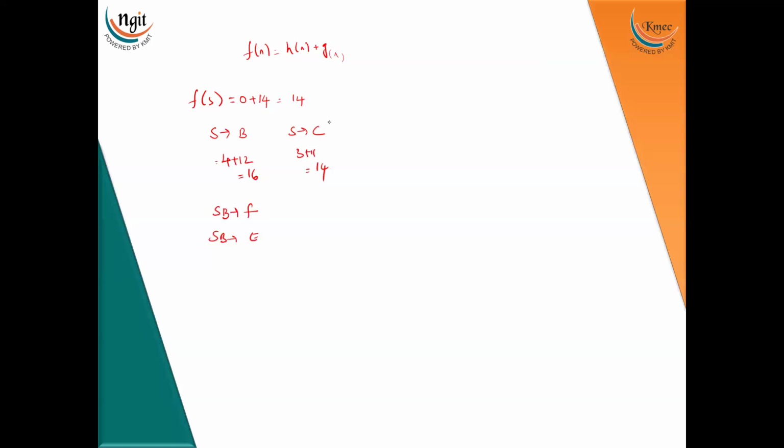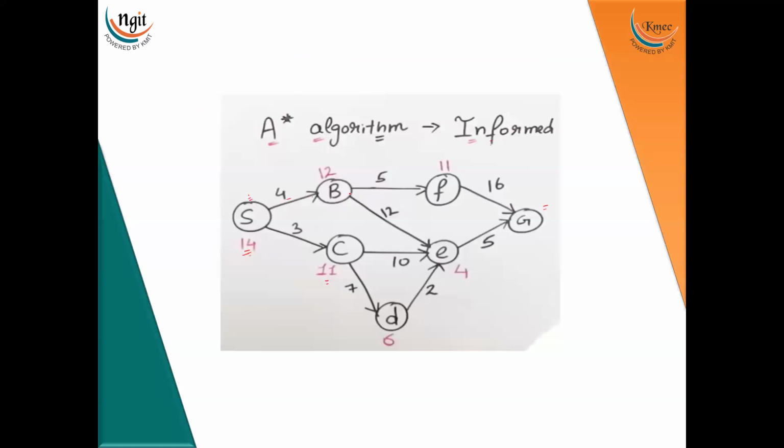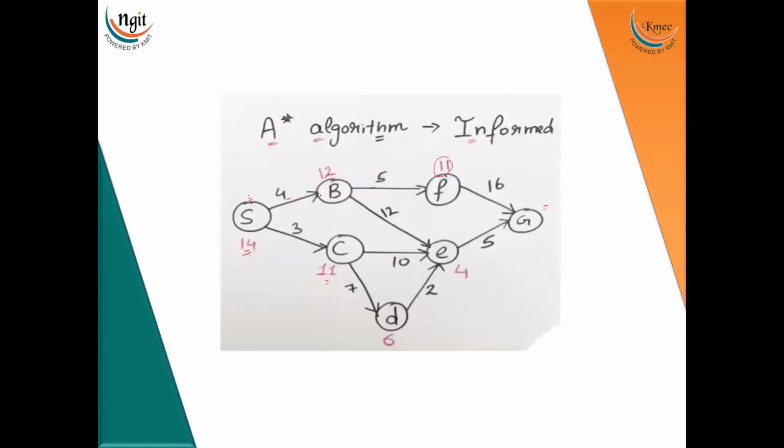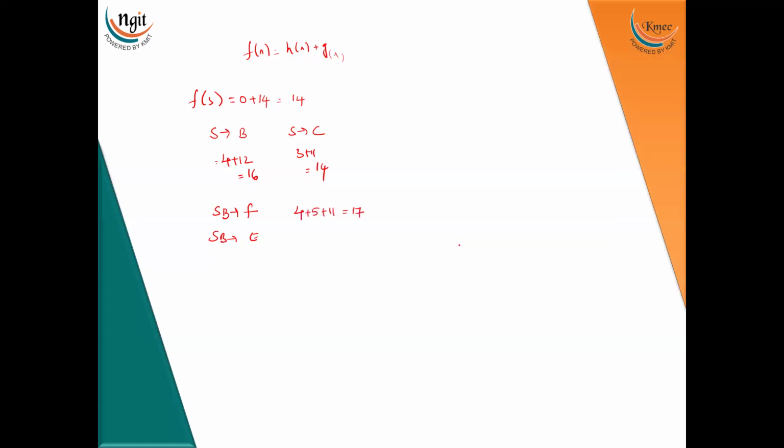So when you go SB to F, see the values. SB to F, 4 plus 5 and the heuristic value is 11. That is, here you can write it as 4 plus 5 plus 11, which is equal to 17. Similarly, SB to E, 4 plus 12, heuristic value is 4.